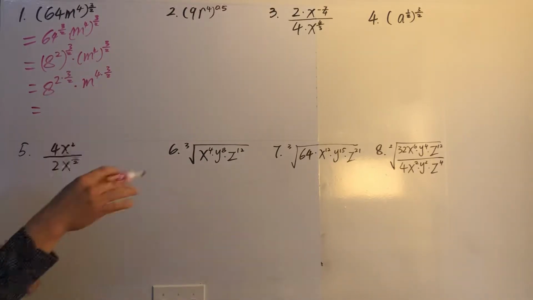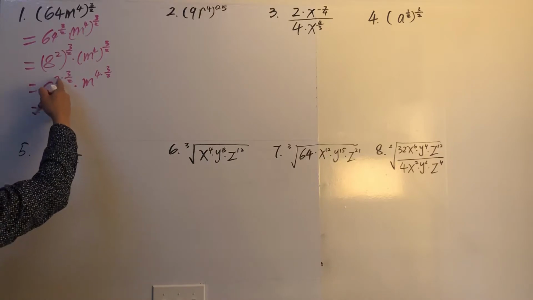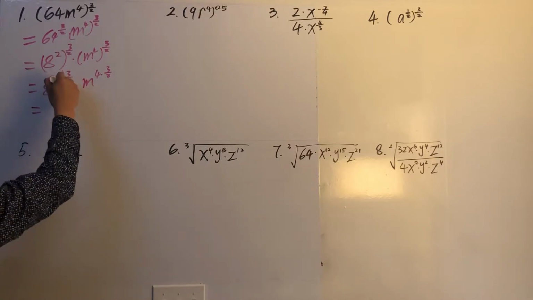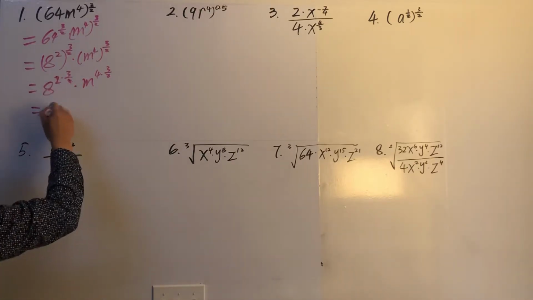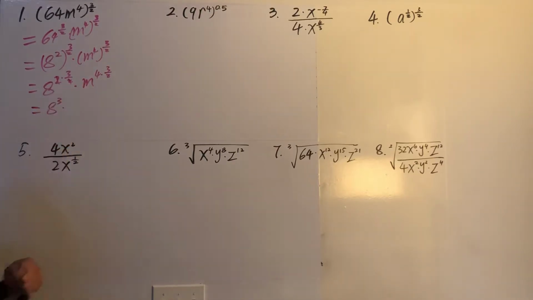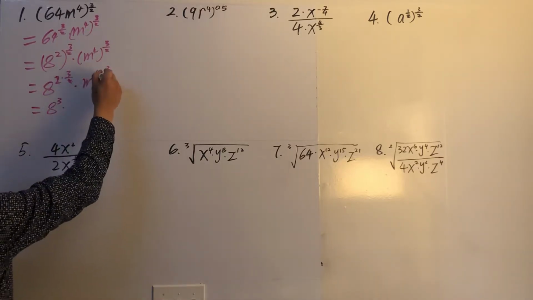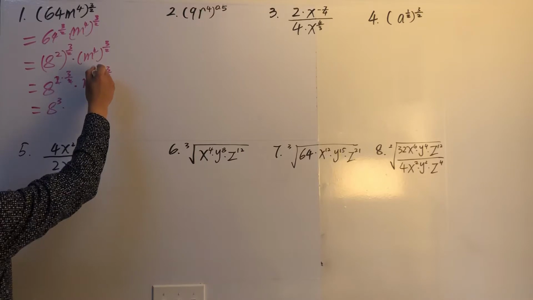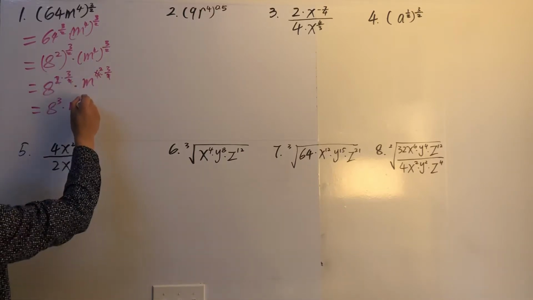Now it's easier to solve this way. So if 8 is to the 2 times 3 over 2, you can cancel out the 2. That means you can change to 8 to the 3rd power, times m, and you can simplify the exponent here. Cancel out the 2, then you still have the 2 here. So m is 4 times 3 over 2, which is 6.